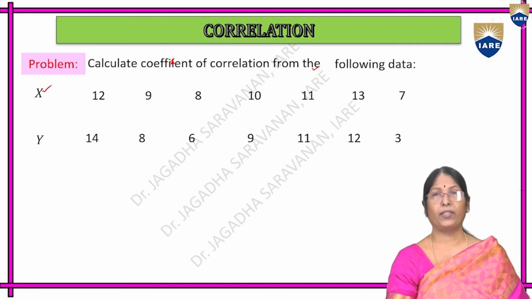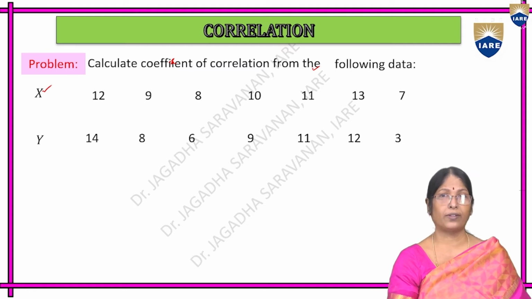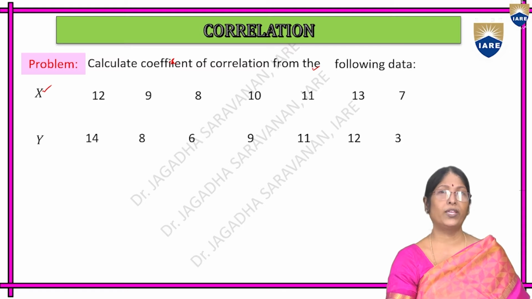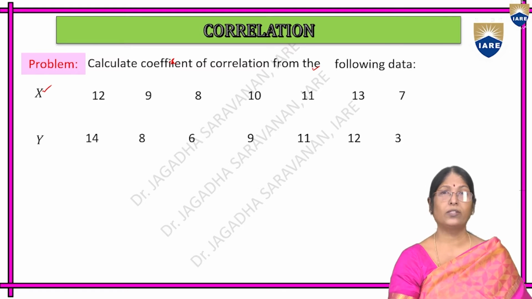The great mathematician Karl Pearson defined the formula for correlation to find the coefficient of it. Using that we are going to solve this problem.